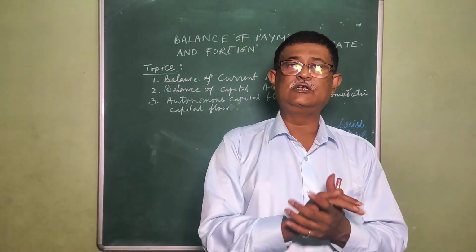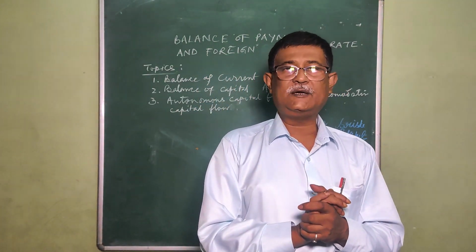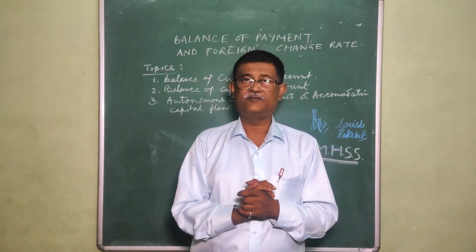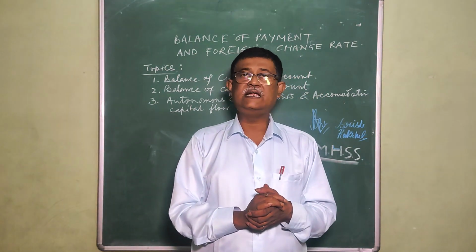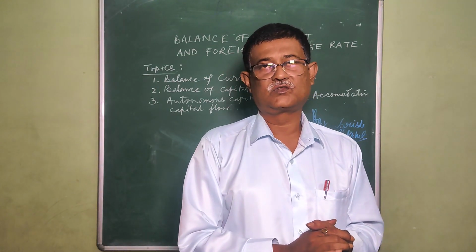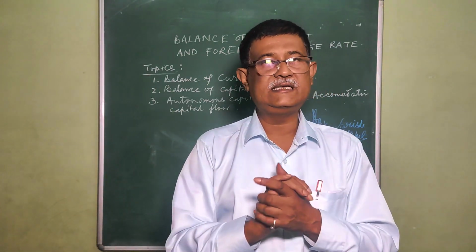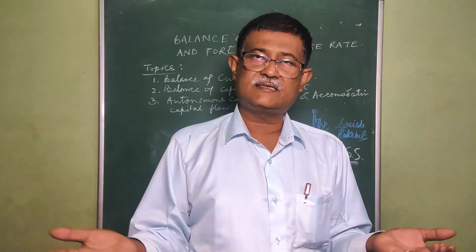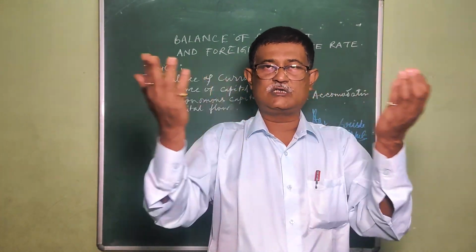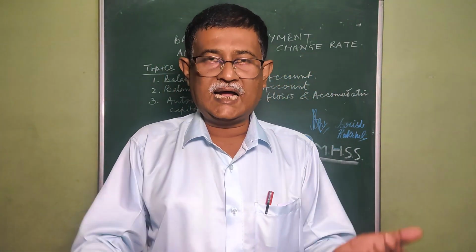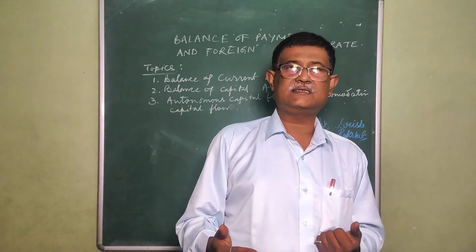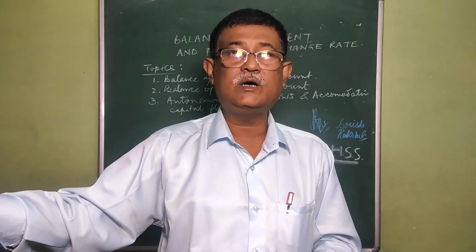So, to reduce our imports, the government may increase the existing rates of taxes on individual income or property income. As a result, what will be the effect? The disposable income will reduce, and thereby that will help us to restrict our imports.